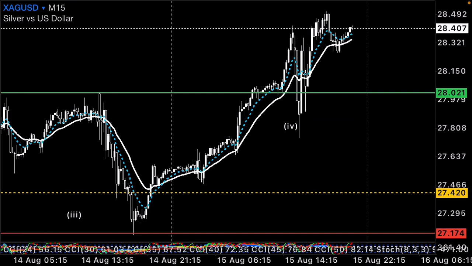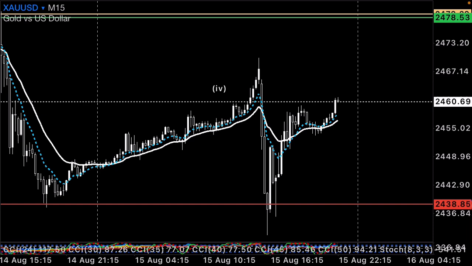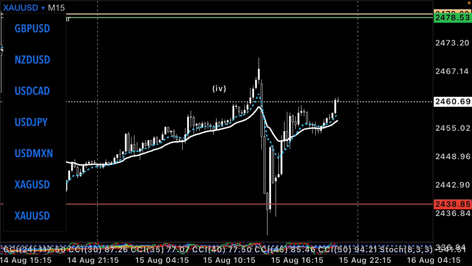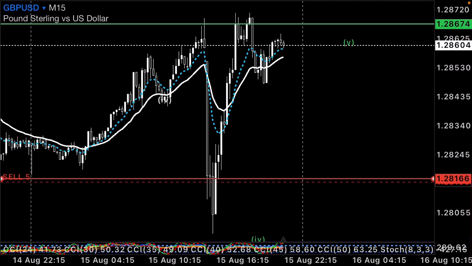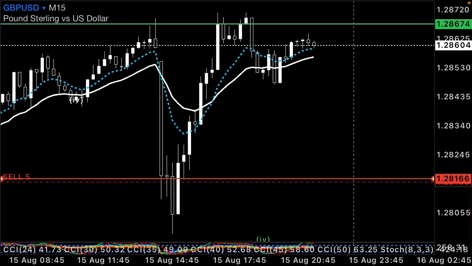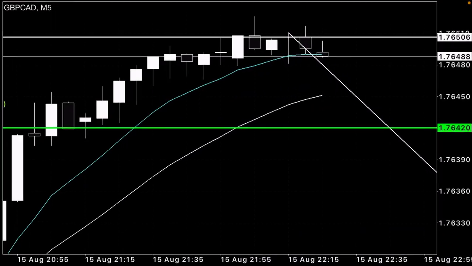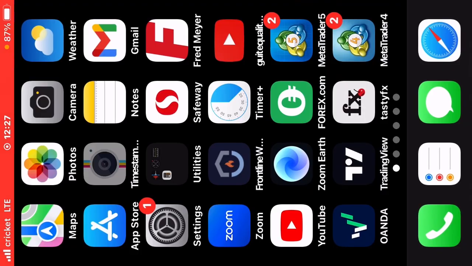At $28.40 an ounce. And gold keeps wanting to kind of go up. So that's that. So that's the update on that.